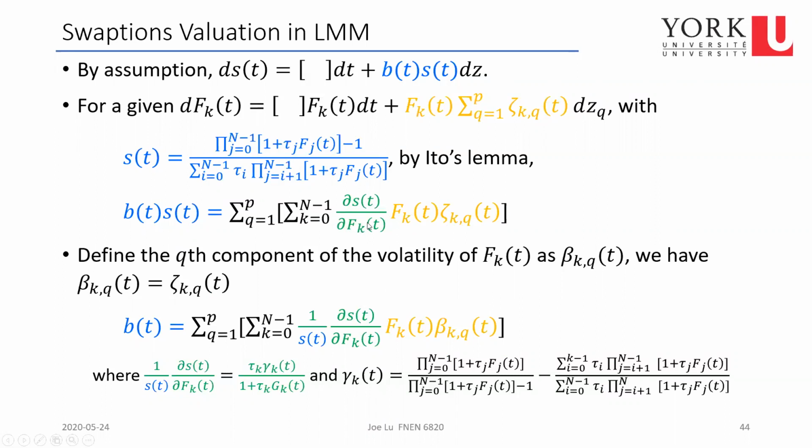So if you look at it, if B times S is equal to this, then B itself is this thing divided by S, right? S is a function of T, so for a particular T, this S is just a number. So you can just carry that all the way inside all the indices here.